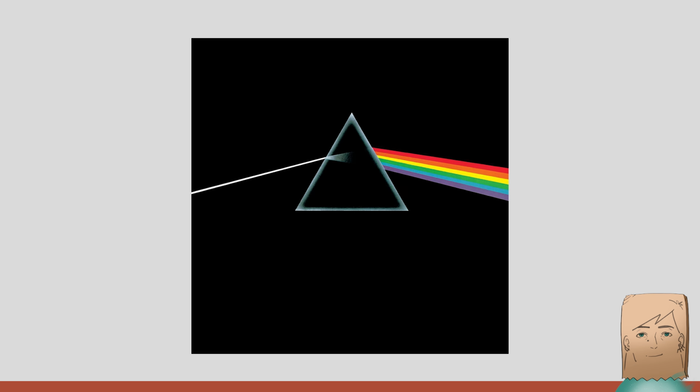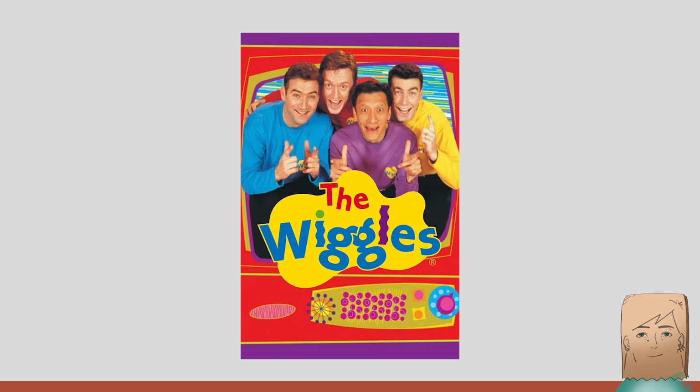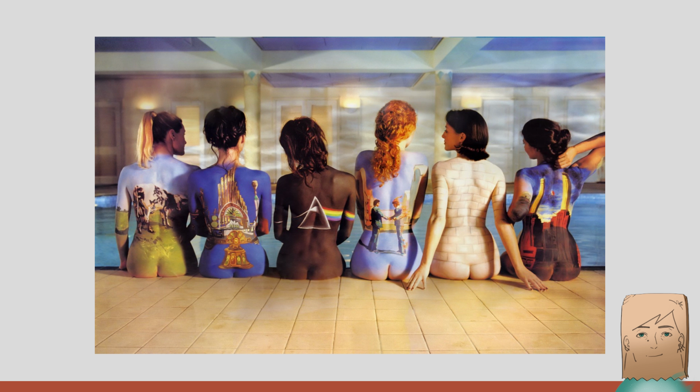Is it Pink Floyd? No. The guy who's on fire? No. The Wiggles. No. Is it that poster that was in all of the dorm rooms, of all the Pink Floyd albums, the Naked Ladies? No, but I did have that poster. All right. Damn. Reveal it. What number? 3.